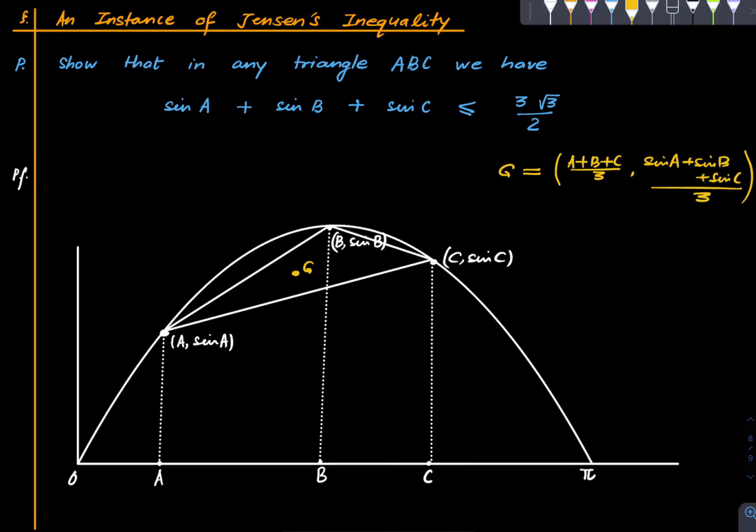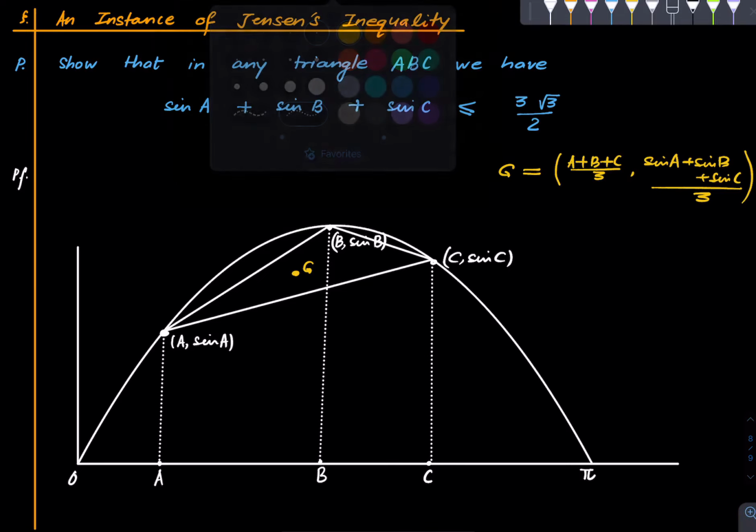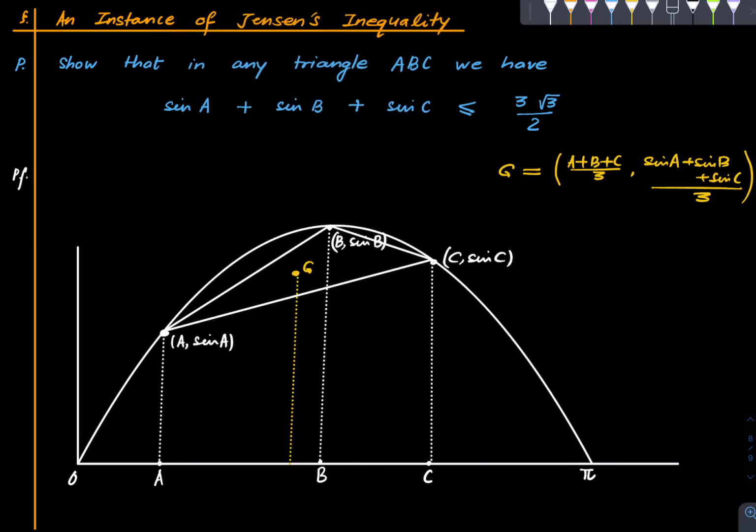So the x coordinate is (a plus b plus c) by 3, which is pi by 3 radians, and that's the important point, because the sum of all the angles of a triangle add up to pi radians. So a plus b plus c is pi, and therefore this is pi by 3. All right, and the length of this line is (sine a plus sine b plus sine c) by 3.